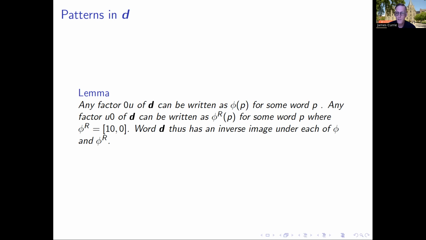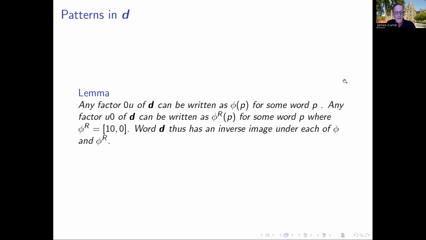However, when we look at D, the period doubling word, it's much more complicated. It's actually infinitely more complicated. Now, any factor starting with 0 of the period doubling word can be parsed using the Fibonacci morphism. Because, well, I won't try to improvise a proof of the lemma.